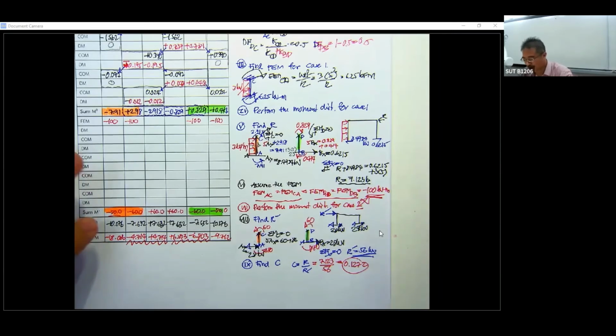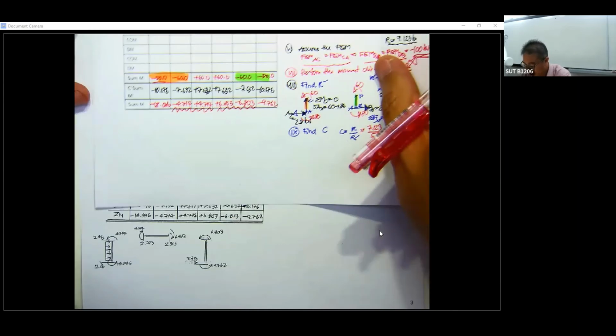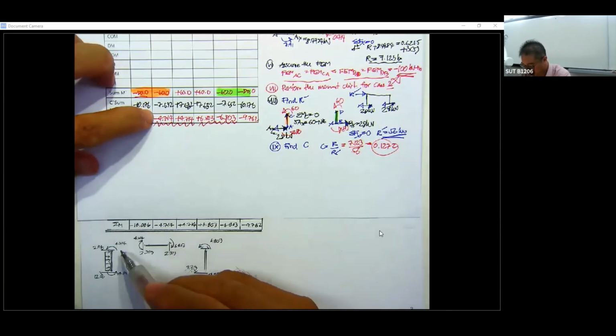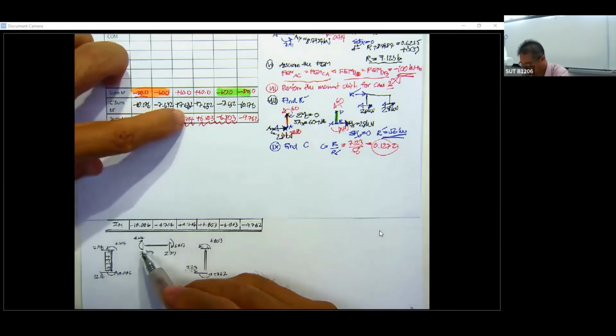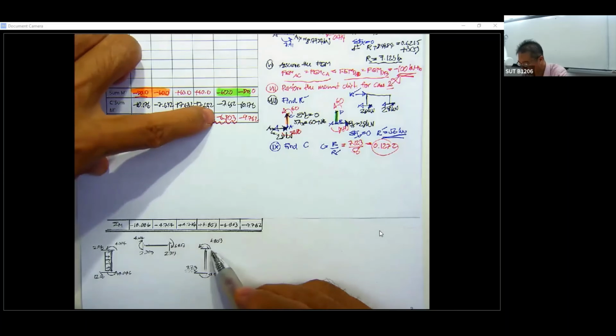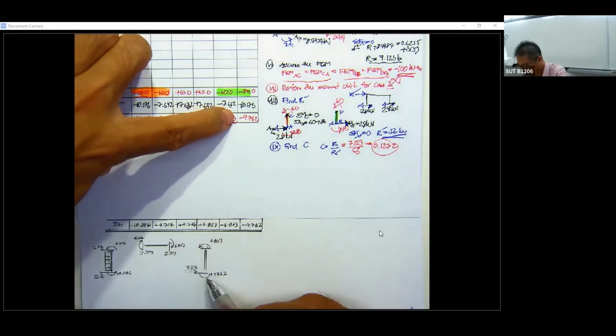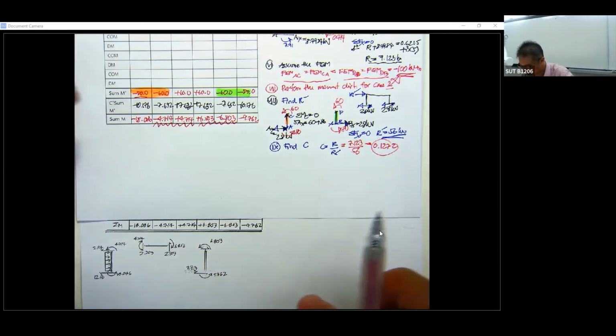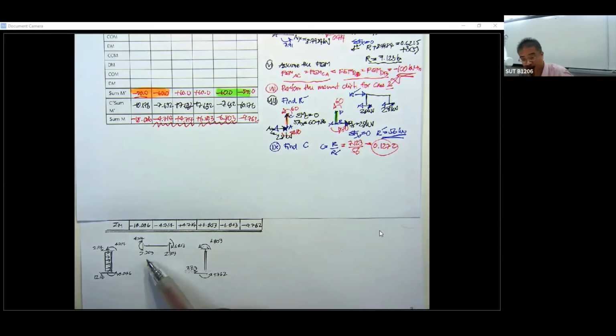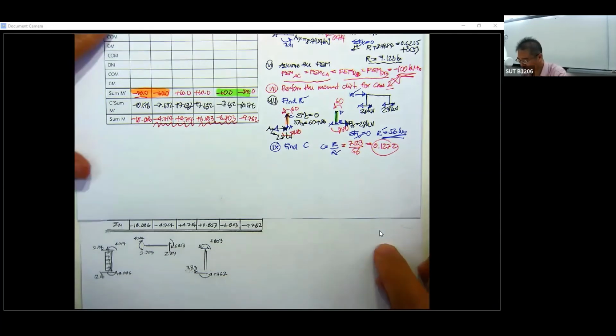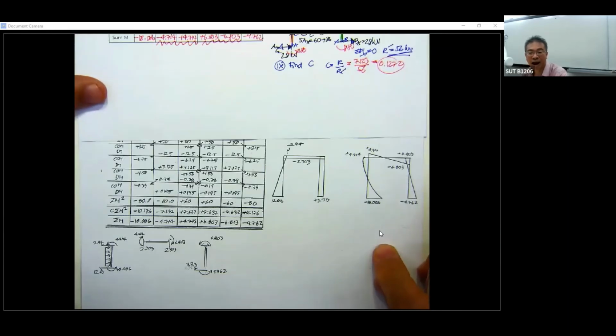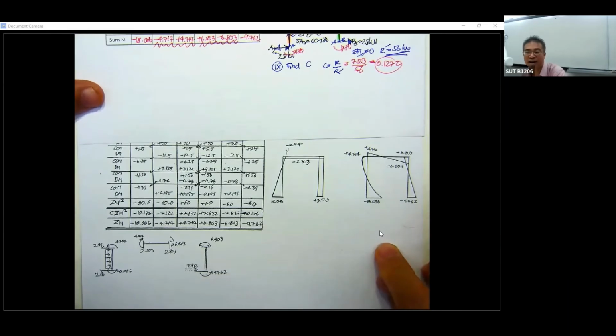Let me move this one a little bit, and then what you're going to have is 18.086 counterclockwise, this one counterclockwise, this one clockwise, this one clockwise, this one counterclockwise, this one counterclockwise, and then you determine the end shear, and then you draw the shear diagram and moment diagram, and you put all of them over here.